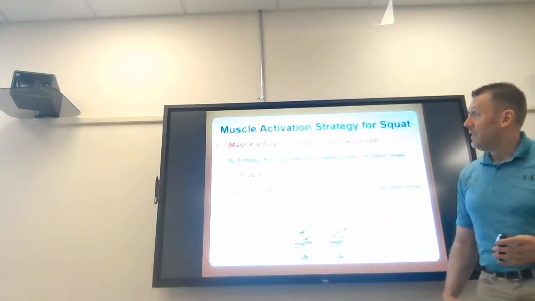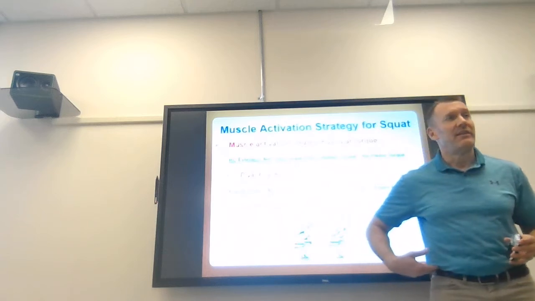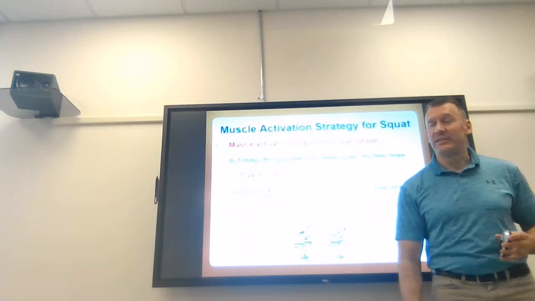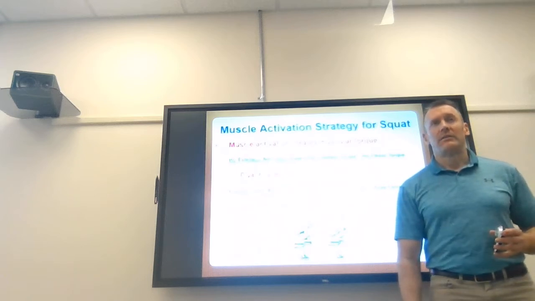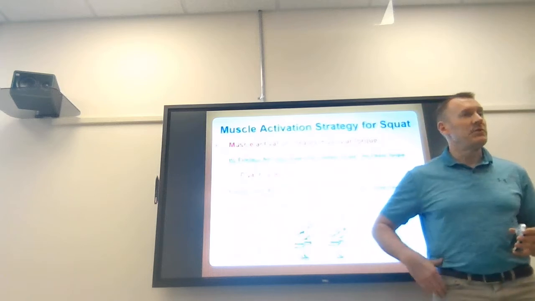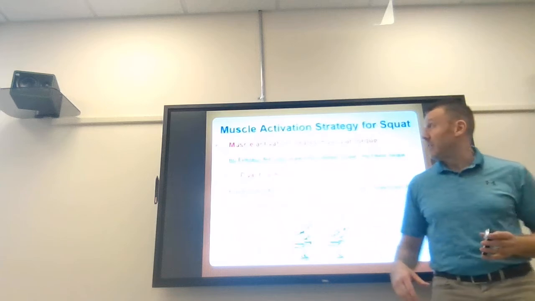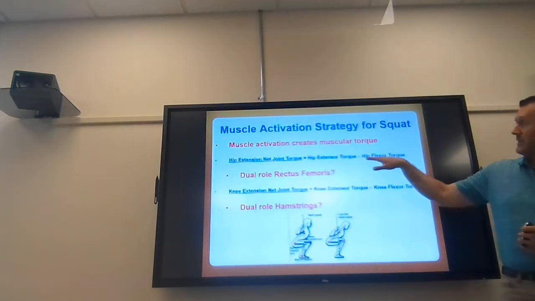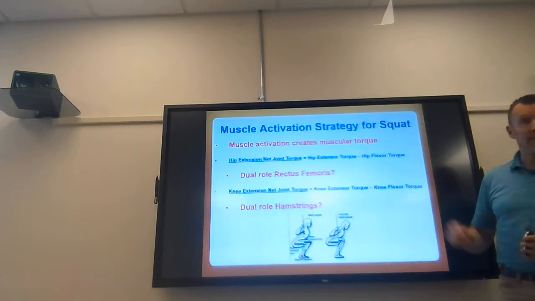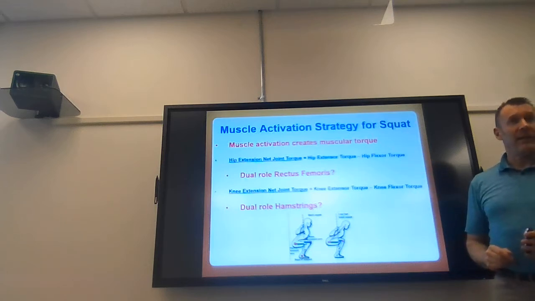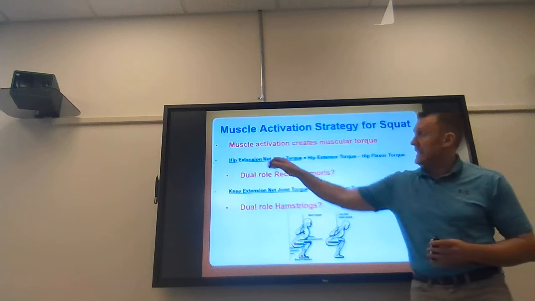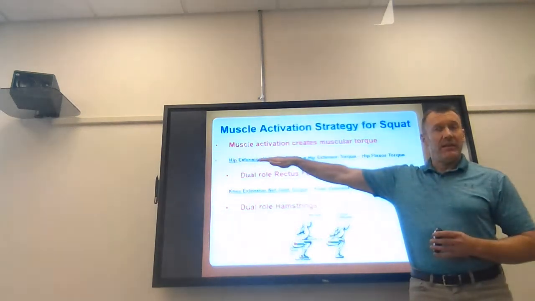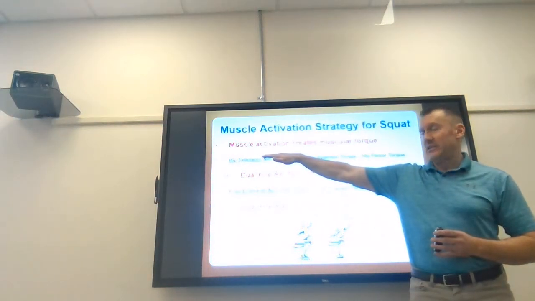It wants to flex the hip and it wants to extend the knee at the same time. So that's okay at the knee joint, but at the hip joint that creates a problem because if we're activating the rectus femoris, that creates hip flexor torque. And so that's going to lessen the extensor torque at the hip.